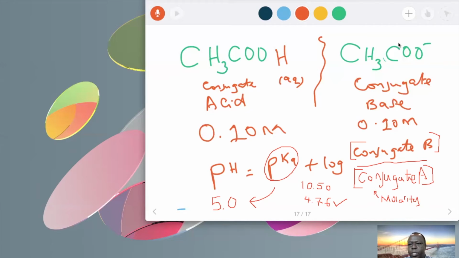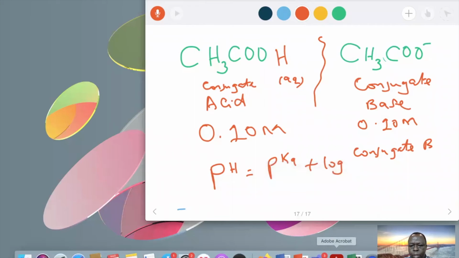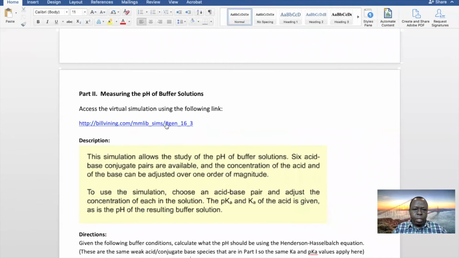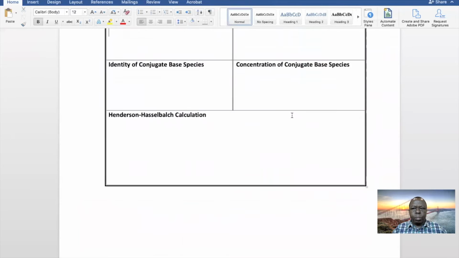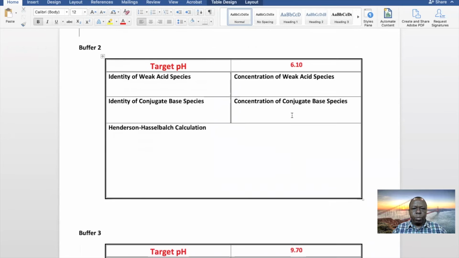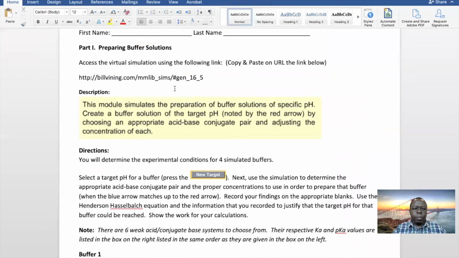I'm going to clear the screen here. I do have the data sheet here, and in part one is preparation of a buffer solution.